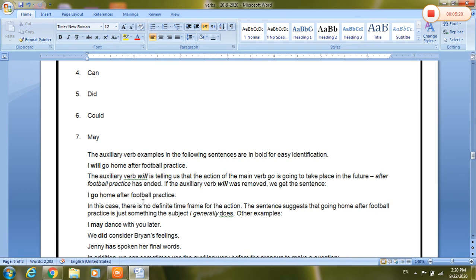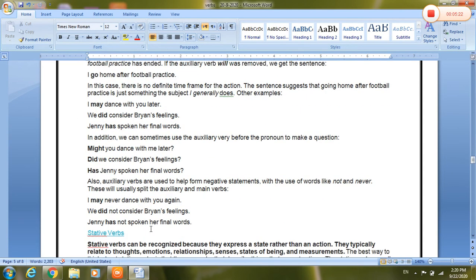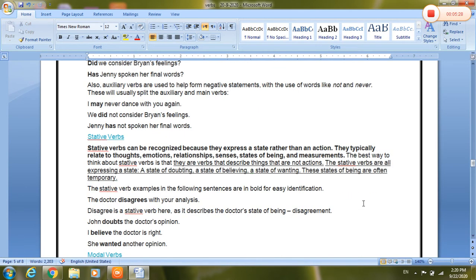All the modal verbs are actually used as auxiliary verbs. And stative verbs can be recognized because they express a state of mind, a state of feeling, expressing emotions, believing, wanting, being, and so on. We call them stative verbs because we don't move our body when we do these actions.